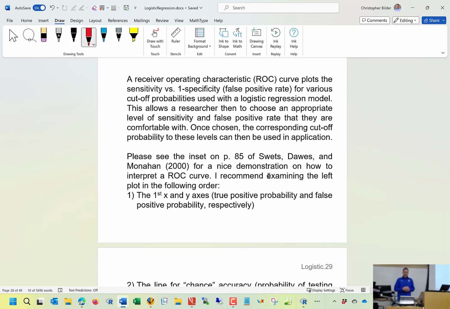So the next thing that we're going to be talking about is a receiver operating characteristic curve. And again, sorry to repeat myself, it's going to help you make a judgment about what you should use for a cutoff probability based upon what you want for a sensitivity and what you want for a specificity. All that a receiver operating characteristic curve is, is a plot. For a cutoff probability of 0.1, find the sensitivity, find the 1 minus specificity, plot a point for it.